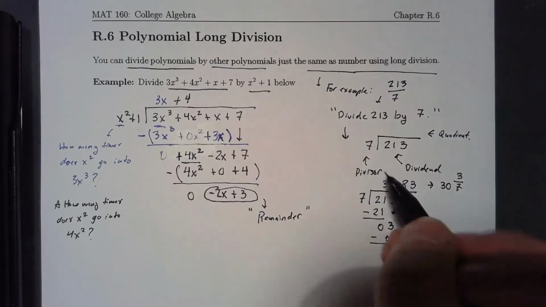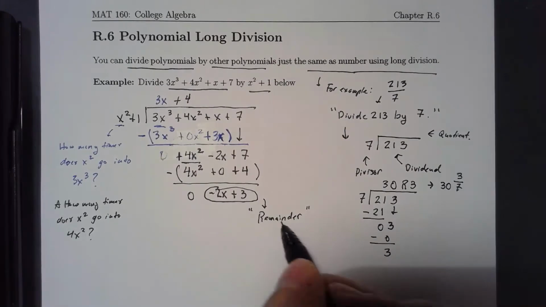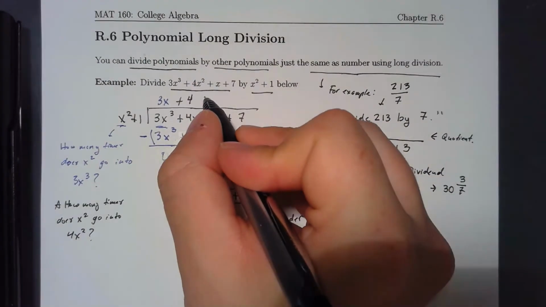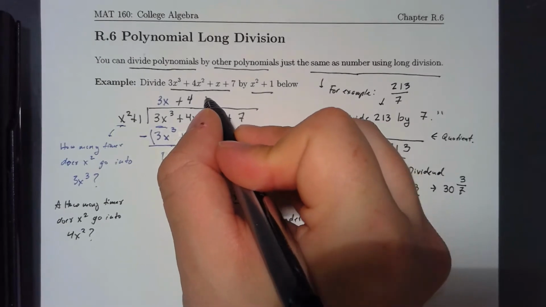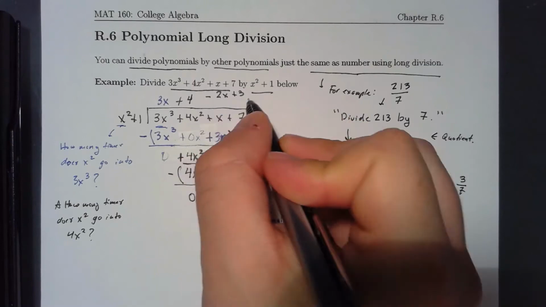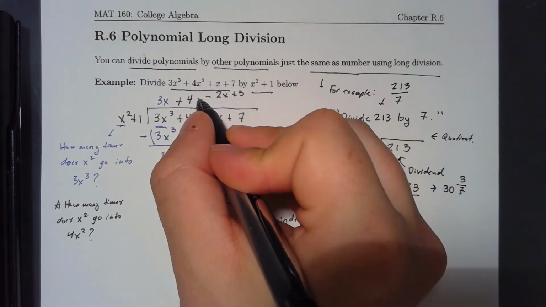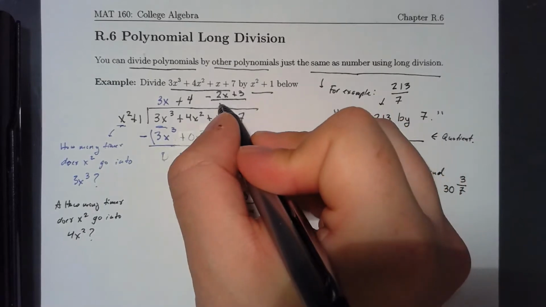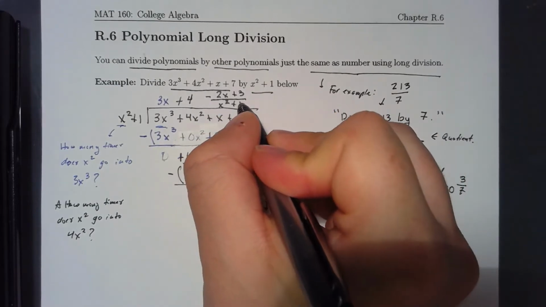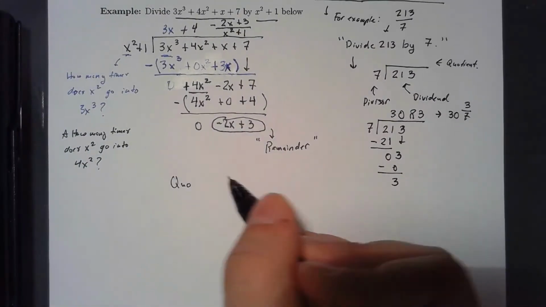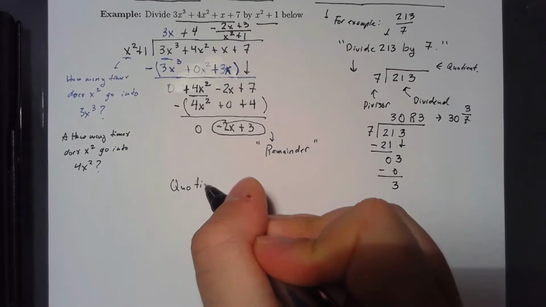So since this is negative 2x plus 3, I'm going to have my remainder, which is negative 2x plus 3 over my divisor, which is x squared plus 1.